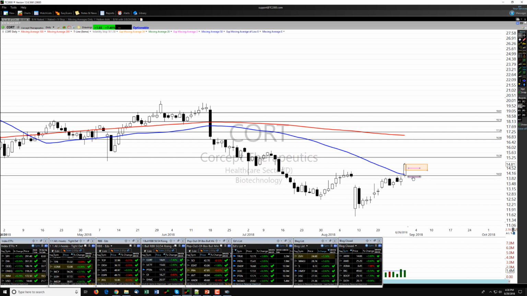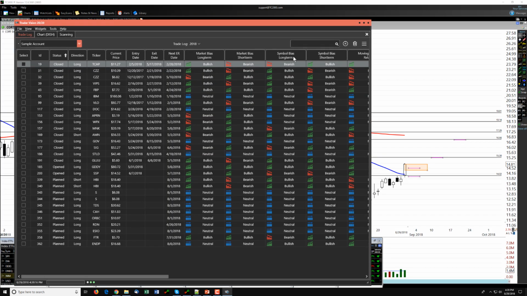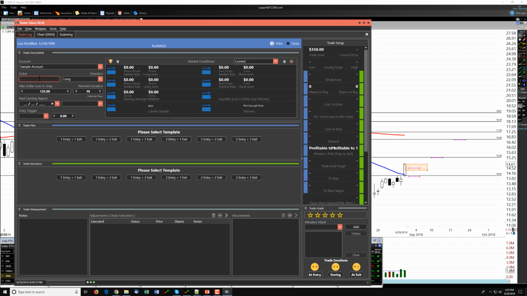And then the first target's up here. I don't think you're going to get 2-to-1 on this to the first target. May need to wait for a bigger pullback and get a closer buy down here on a signal. But having it planned out ahead of time will put you in a position to trade it if it happens on an intraday basis. So let's go ahead and plan it out.